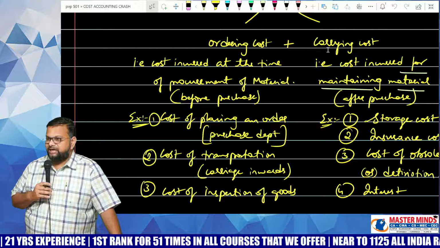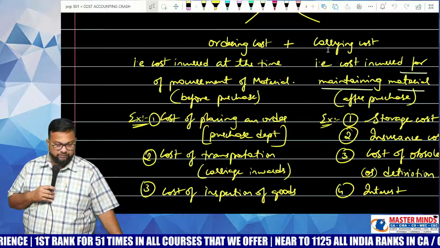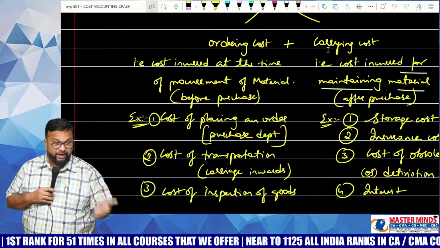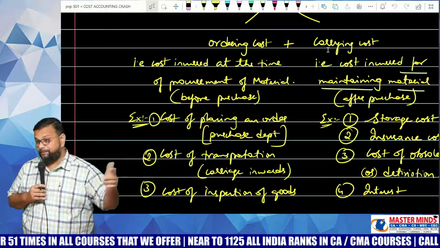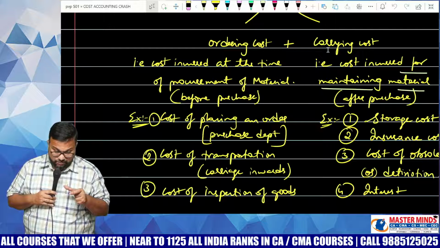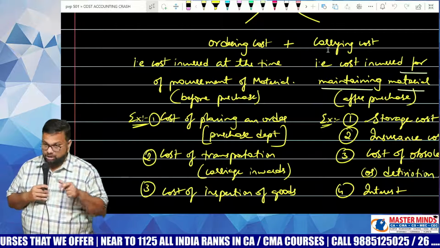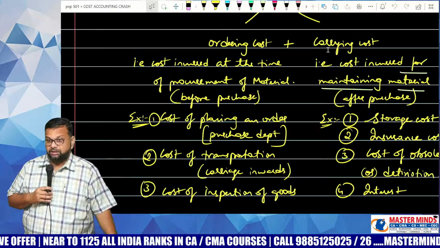In the last class, I explained the flowchart also. The engineering or design department is the one which comes out with a list of material that is required to produce that product, the quantity of material required.